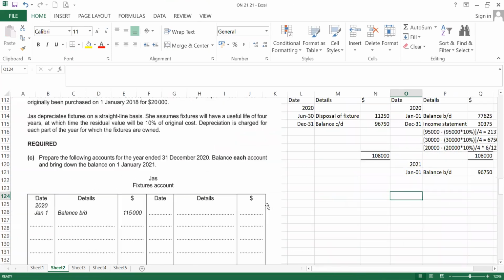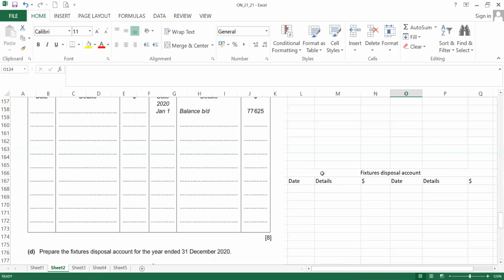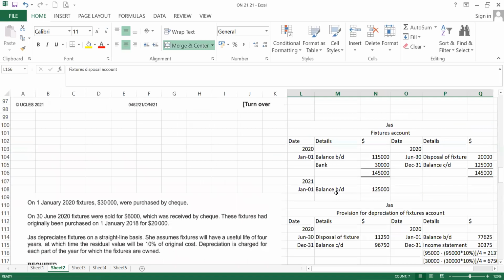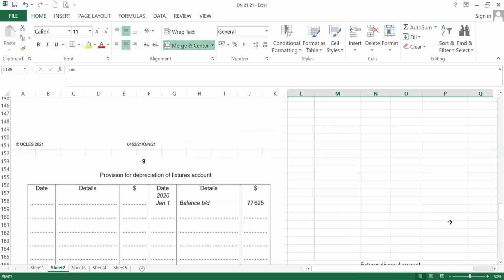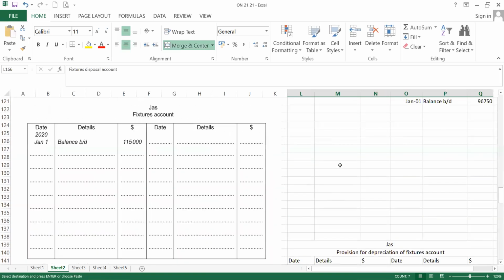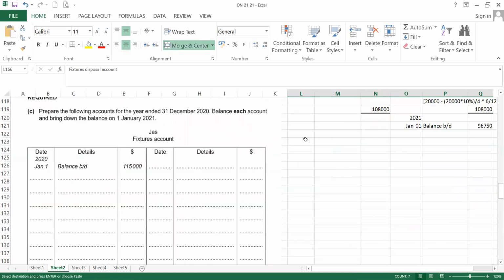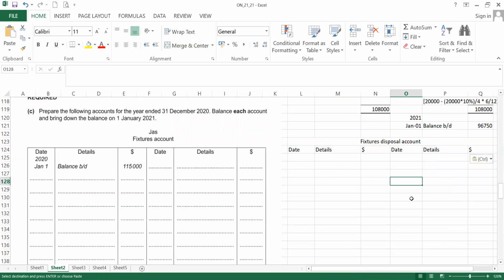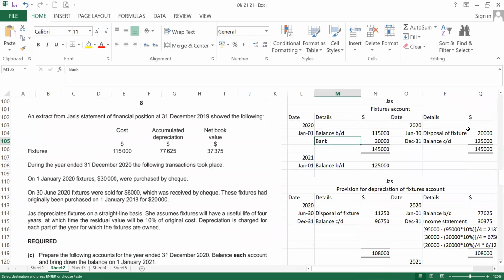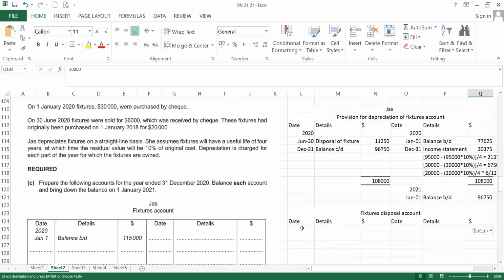The next one is they ask to prepare the disposal account. Let's prepare the disposal account. The cost, this amount has to be transferred to the disposal.